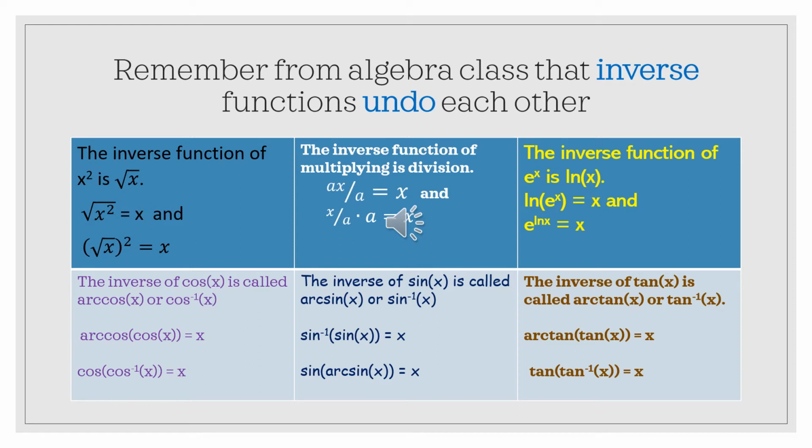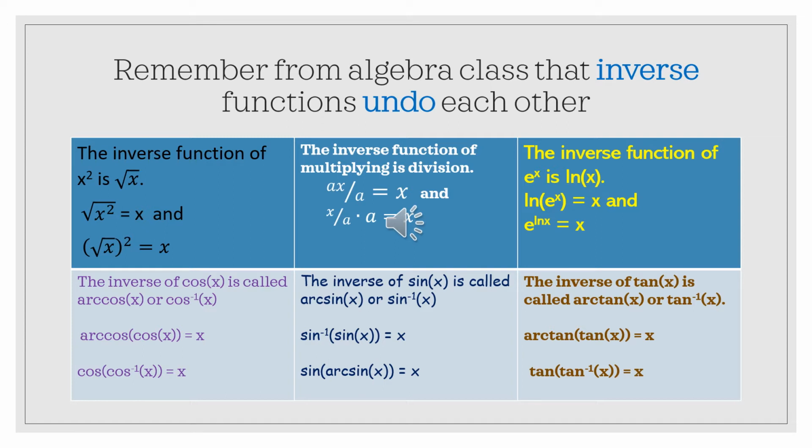The inverse function of multiplying is division, because if I take a times x and I divide by a, I just get x. And if I take x divided by a and I multiply by a, I again just get x. The inverse function of e to the x is natural log of x. That's the notation that has become common to mean the inverse function of e to the x.